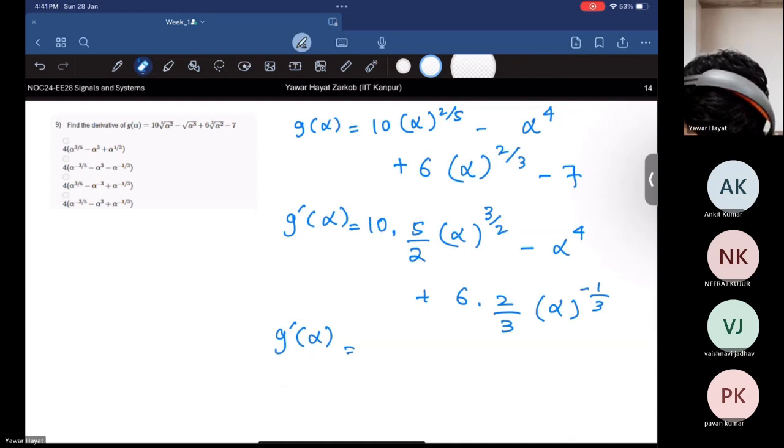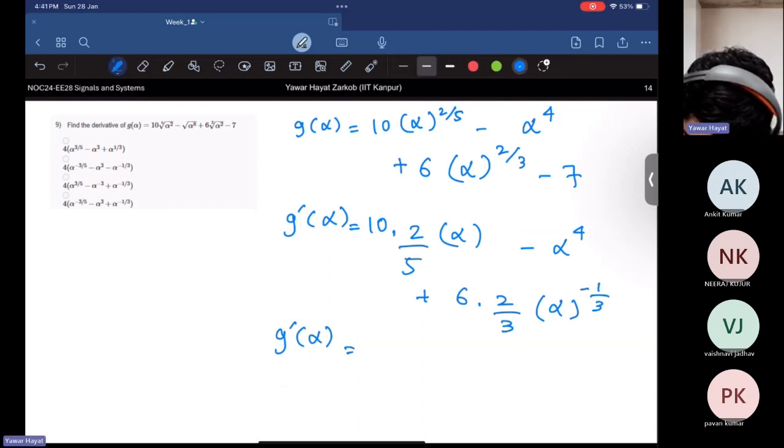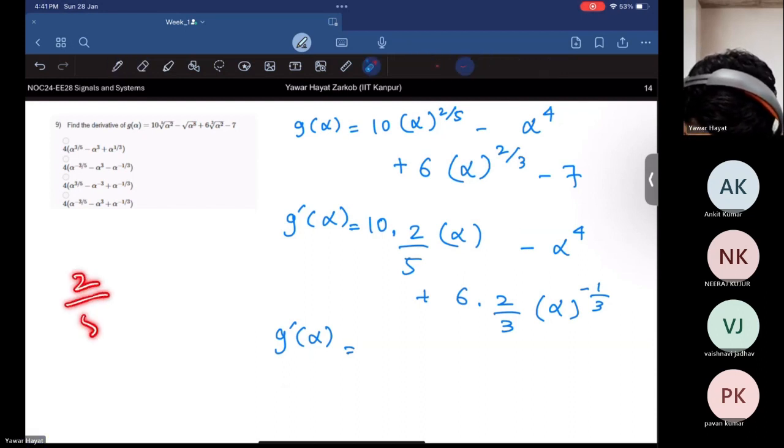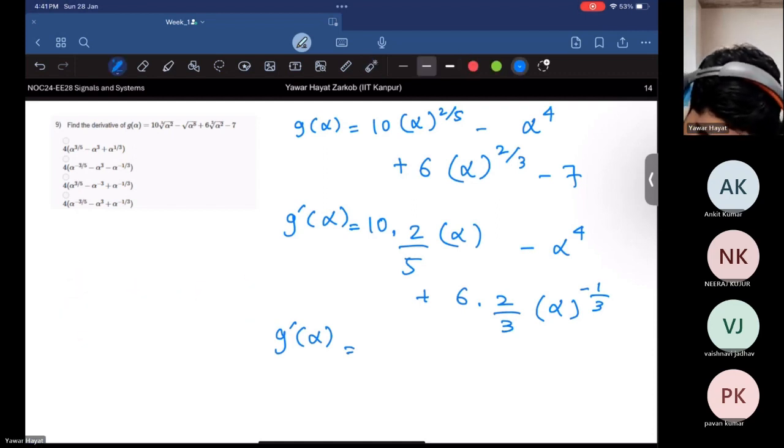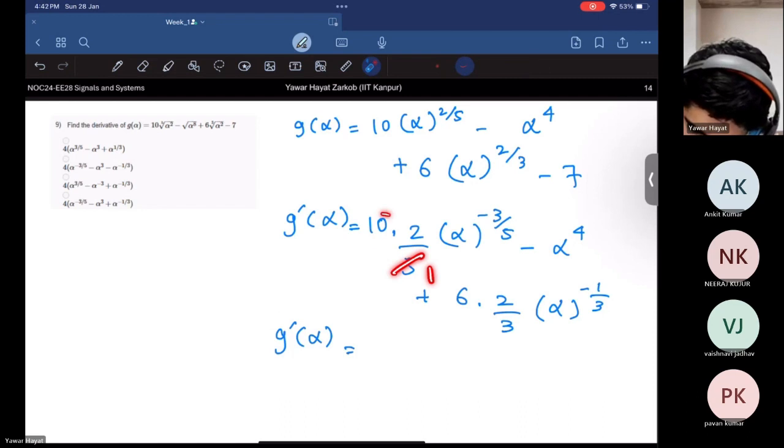So this would be over 5 and the exponent will be over 5 minus 1, which is minus 3 by 5. So the, right, this is 2 times 2 is 4.